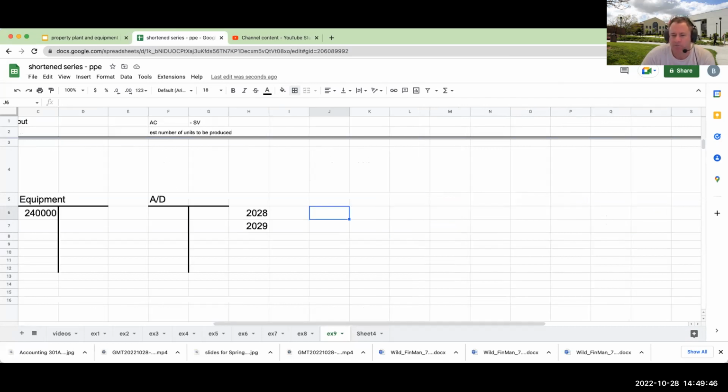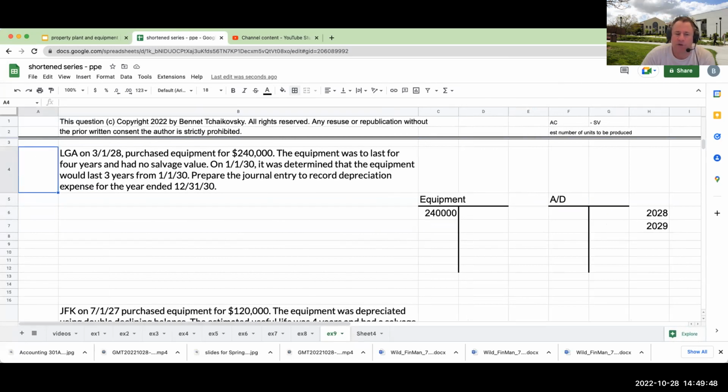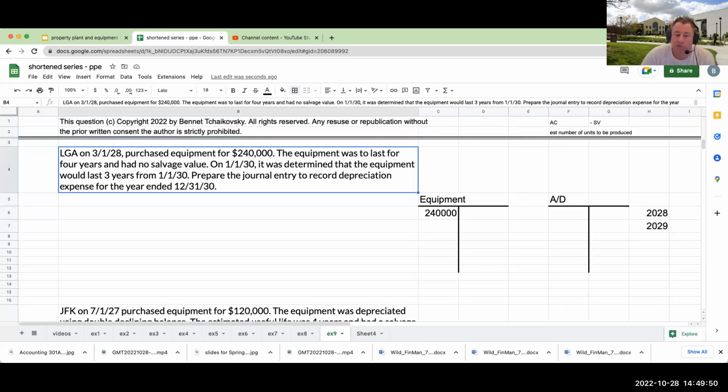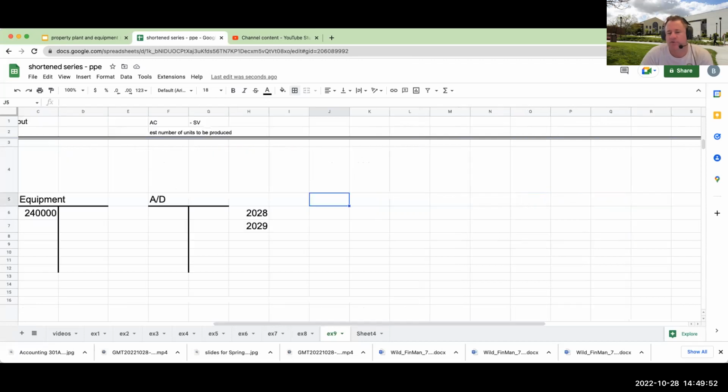So over here, if it was 240,000 and it was to last for 4 years with no salvage value, acquisition cost minus salvage value divided by the estimated useful life: 240,000 minus 0 divided by 4. This is going to give me 60,000 per year.